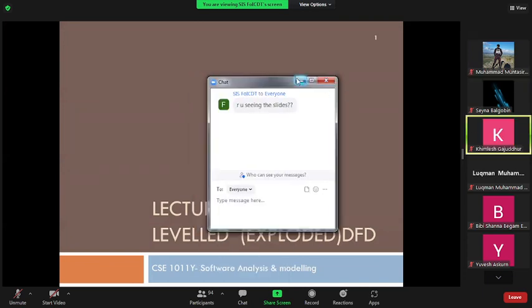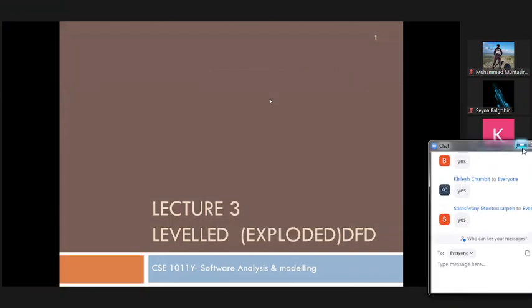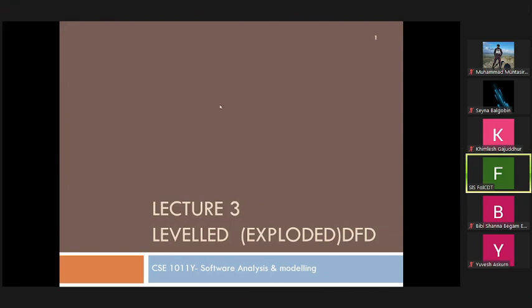Okay, so we're going to talk about exploded DFD and the rules about how to draw an exploded DFD. One of the rules that we've seen in drawing DFD models is that it should be clear, it should be easy to read, it should be high level when we start.